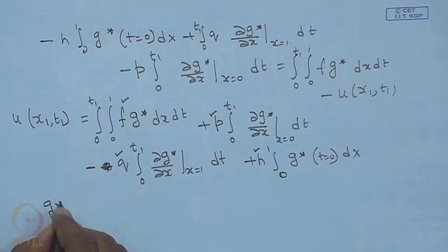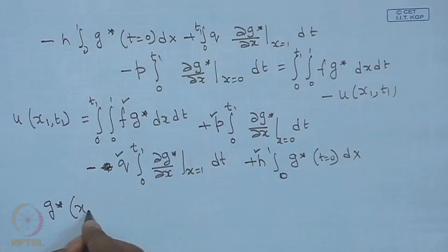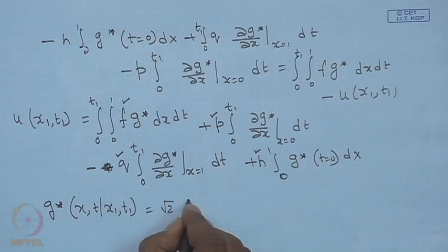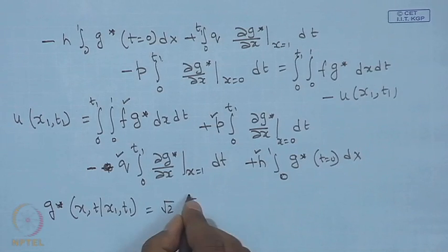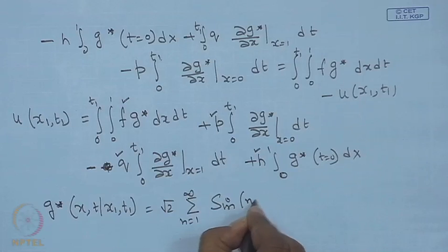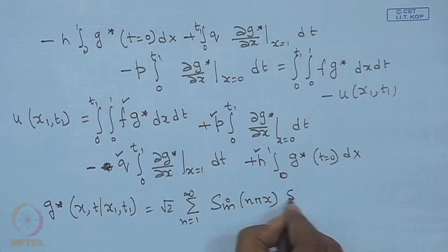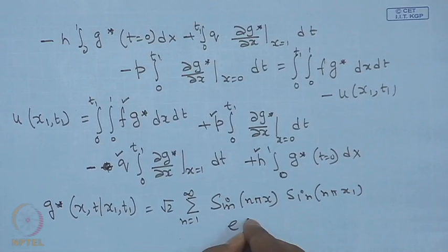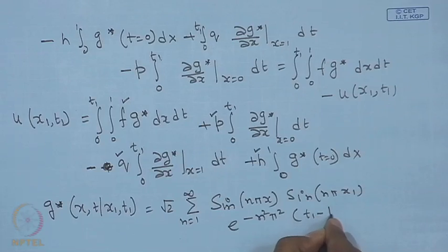You require the expression of G star, and we have already developed and obtained the expression of G star, that is nothing but root 2 summation n is equal to 1 to infinity sin n pi x sin n pi x1 e to the power minus n square pi square (t1 minus t).